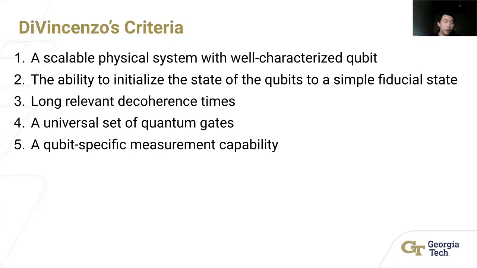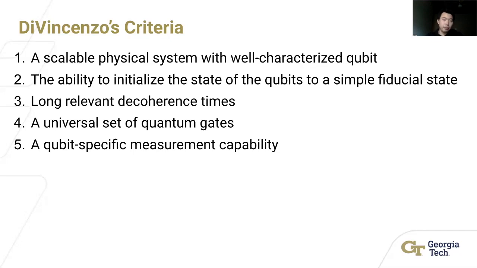And a longer thread basically means you want your coherence time, which is your qubit lifetime, to be much larger than your gate operating time, so that you can have a reasonable amount of circuit depth to run a meaningful task. And you need to have a universal set of quantum gates.